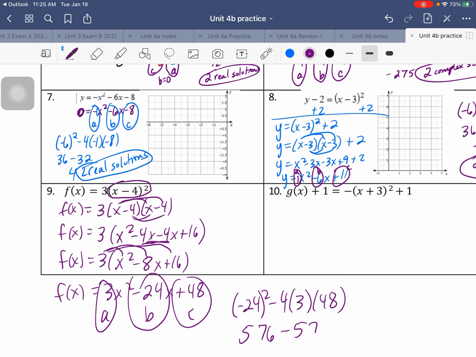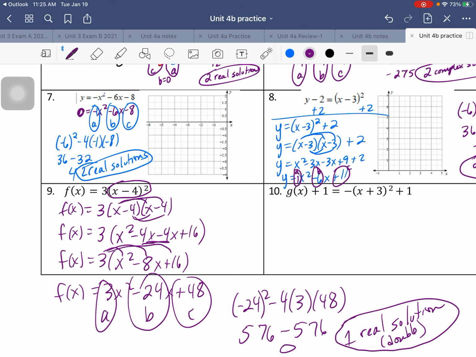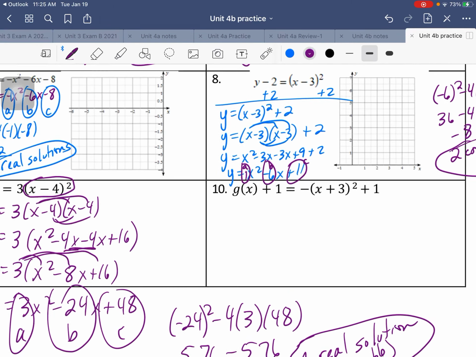Oh, 576. That equals 0. So this means there's one real solution. All those big numbers, they all simplify down to 0. And that means that solution, when we look at a graph, will actually turn right on the x-axis; it'll be the max or minimum point of the graph.